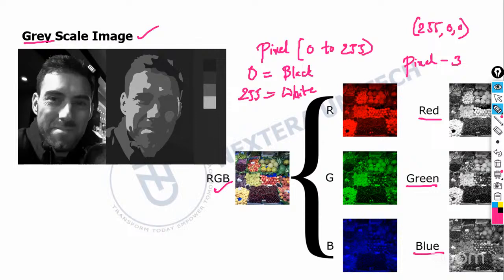And a grayscale image is stored as a 2D array, which is nothing but a matrix. But a color image will be represented as a 3D array where it will have height, width, and three color channels. That's the information that we get from this particular slide.